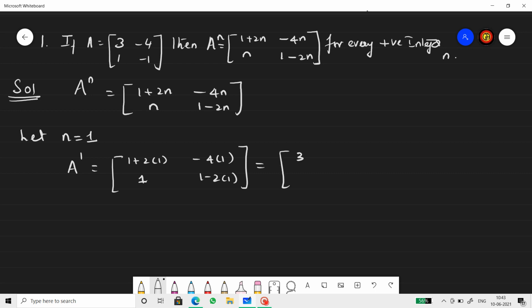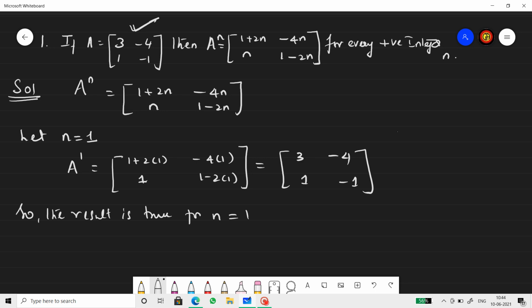Answer is 3, minus 4, 1 and minus 1. So yes, you are getting the A that is given in the question. So when you take n equal to 1, you are getting the A that is being given in the question. So P of 1, the result is true for n equal to 1, isn't it? So the result is true for n equal to 1.